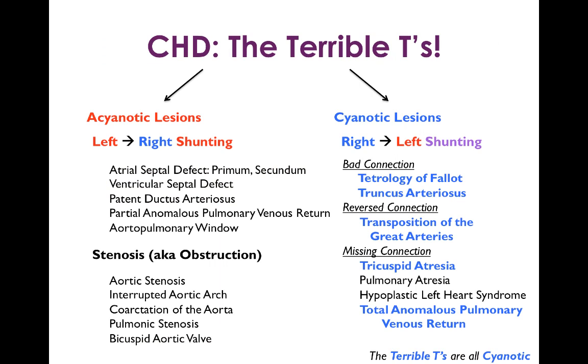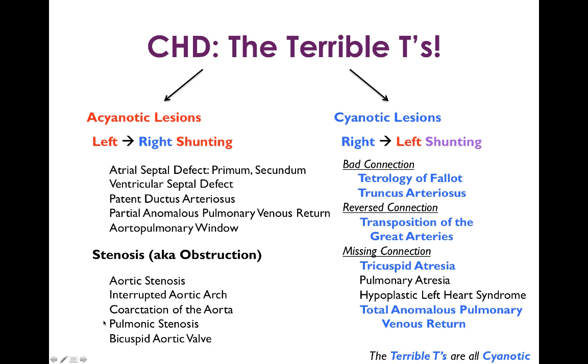So here's another way to keep these separate in your mind. And this is probably one of the more useful mnemonics in all of medicine, because all the cyanotic lesions, five of them at least, you can see here in blue, all start with the letter T. So there you go, the five terrible T's: tetralogy of Fallot, truncus arteriosus, transposition of the great arteries, tricuspid atresia, total anomalous pulmonary venous return.